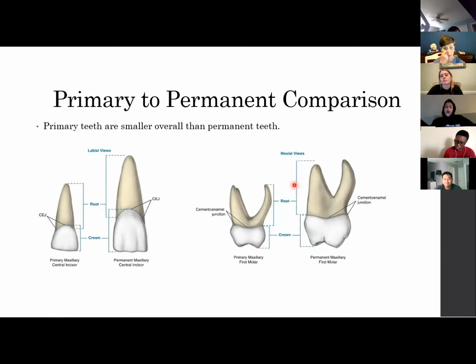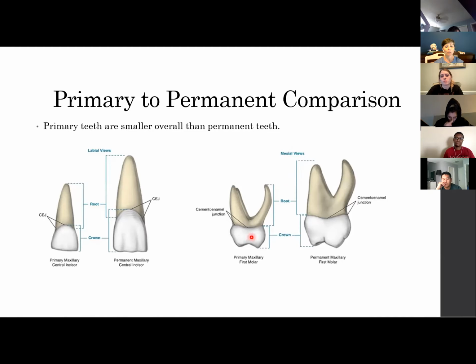Primary to permanent comparison. Look at the size difference of the permanent tooth and a primary tooth. Permanent teeth are twice the size of a baby tooth. So when there is no space, like I said the other day, it is very hard to get those permanent teeth in there without crowding, right?